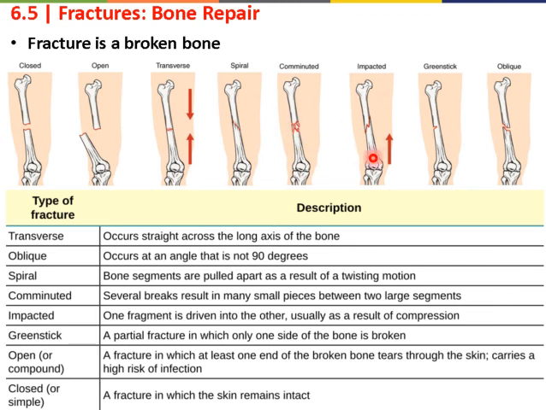And we have the impacted, where one fragment side is driven into another, usually resulting from compression. And we have greenstick, which is a partial fracture, and we have oblique, which is a diagonal fracture. Okay?